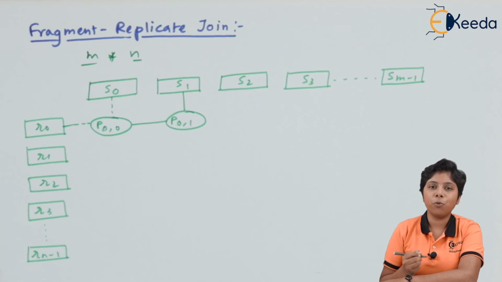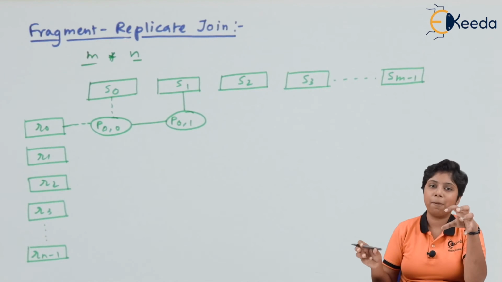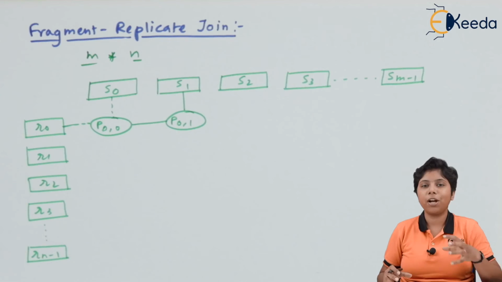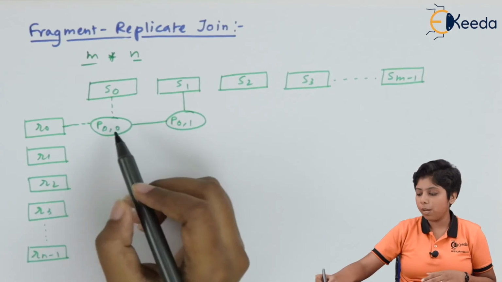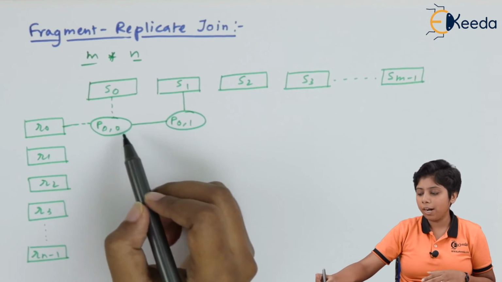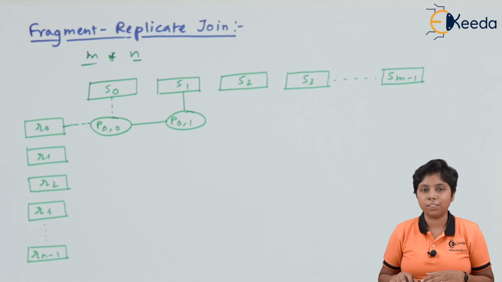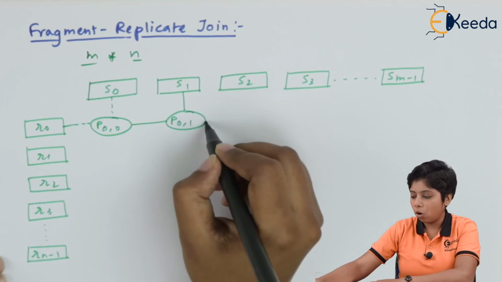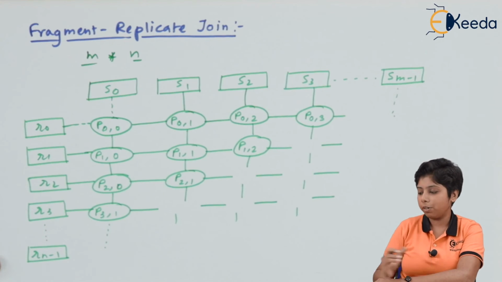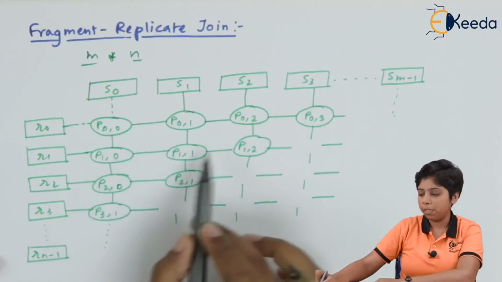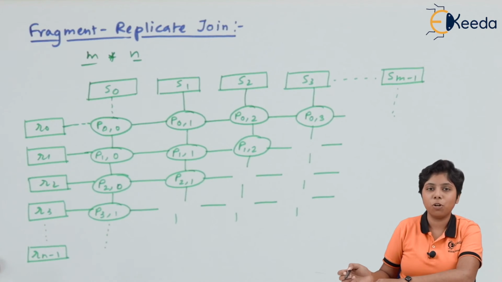So what we are doing is dividing P0 into P0 to Pm-1, and P1 into P0 to Pj-1. In this way, for every piece of data, we have the replication and the fragmentation of the second relation too, so that all results are joined together. In this way, we can generate all the processors as a combination of these. I'm not showing all the combinations because they are more or less the same.